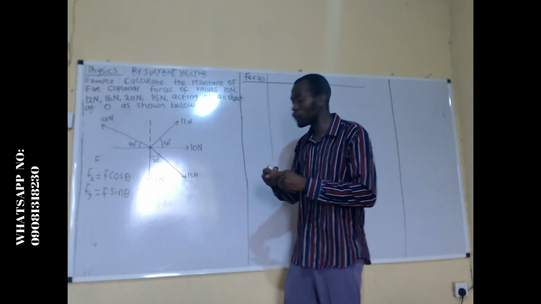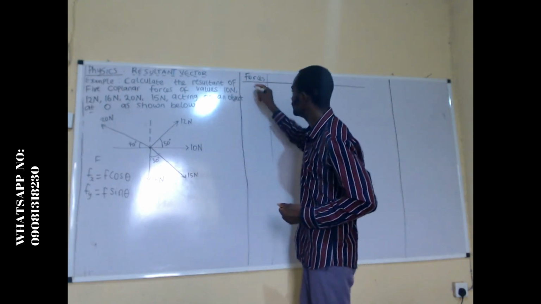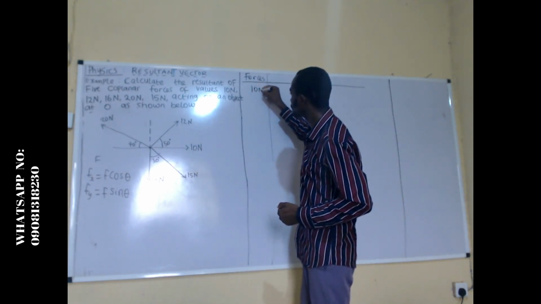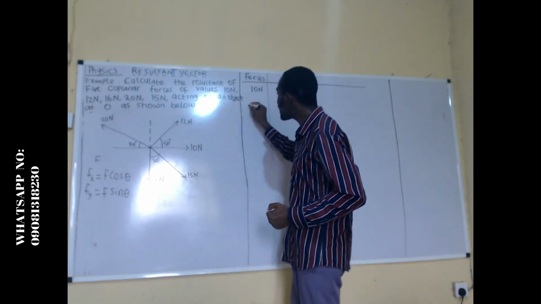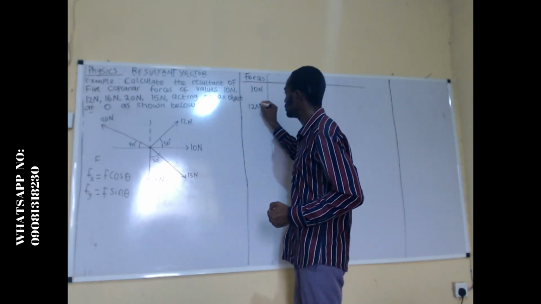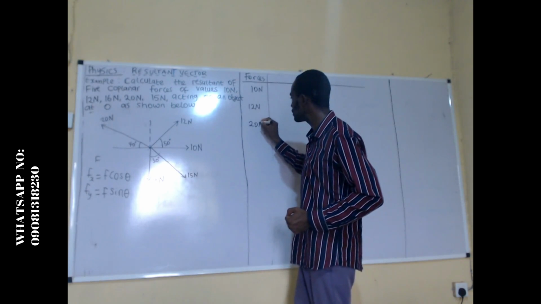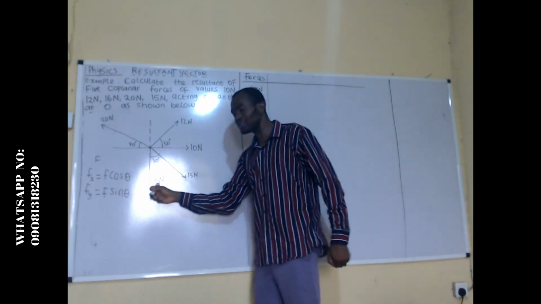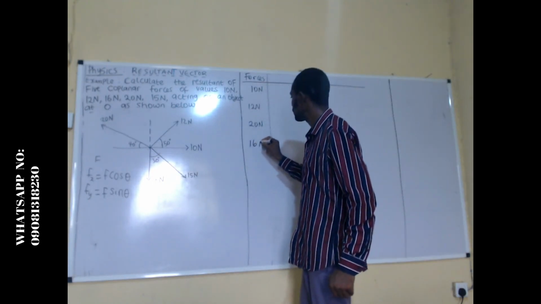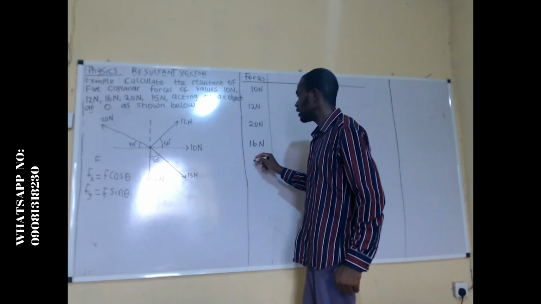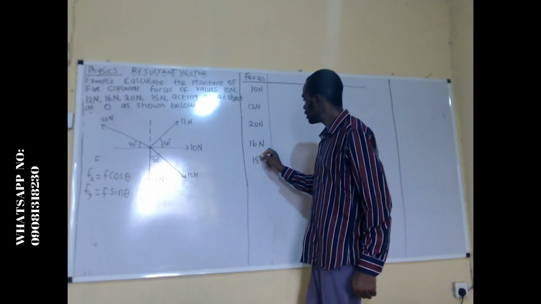The first force is 10 Newton. The second force is 12 Newton. The third force is 20 Newton. The fourth force is 16 Newton. And the fifth force is 15 Newton.